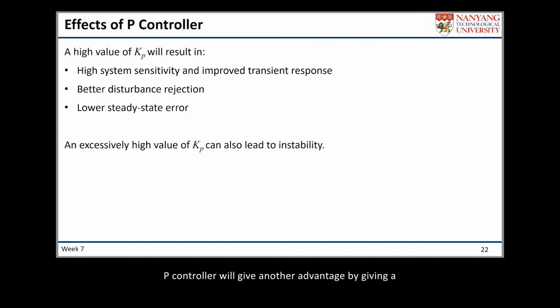A P controller will give another advantage by giving better disturbance rejection. So the effect of external disturbance to your system will be minimized here. As I mentioned as an illustration before, the dust in the heat pump of your air conditioning system is one example of a disturbance in your system. And then by putting in this P controller, you will also be able to minimize the steady state error.